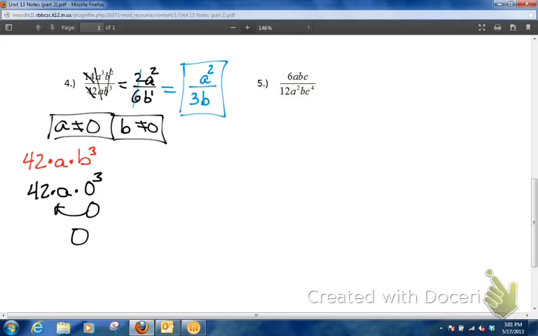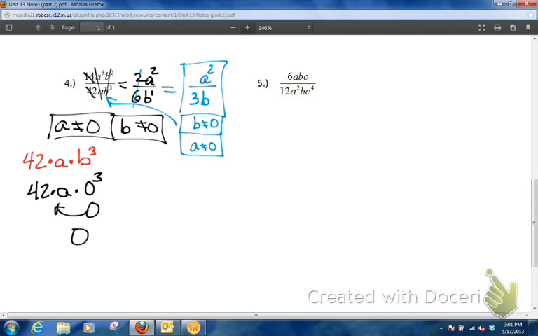I just have a squared over 3b, which a lot of people might then say, well, that means that b cannot equal 0, which is true, but also based on the original problem, a cannot equal 0 either, or it would have made the whole denominator 0 right off the bat before you even did any canceling. So, number 5 here, go ahead and try this one out on your own, simplify it, and state your excluded values, or technically I should say state your excluded values first and then simplify.